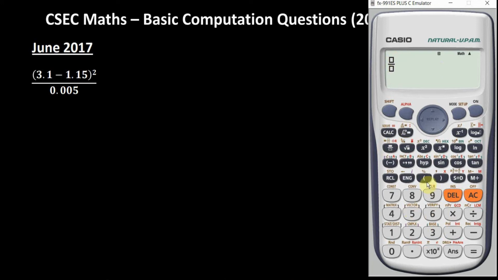At the top we have an open bracket 3.1 minus 1.15 close bracket, and we square what's in the bracket. We go down and we have 0.005, and we can press the equal sign here and move from surds to decimal, and there it is.